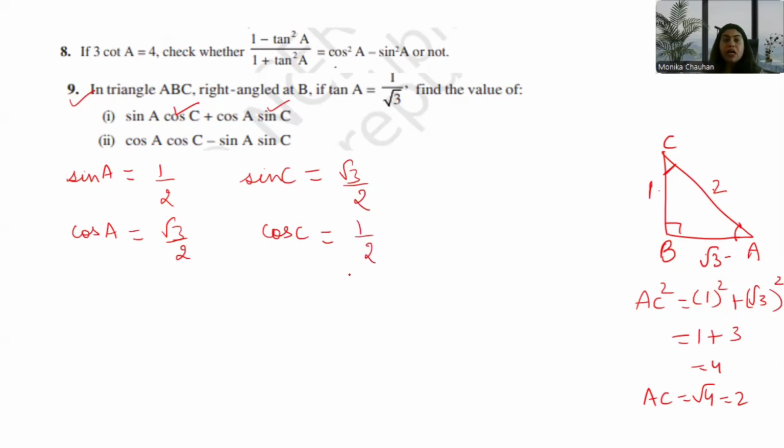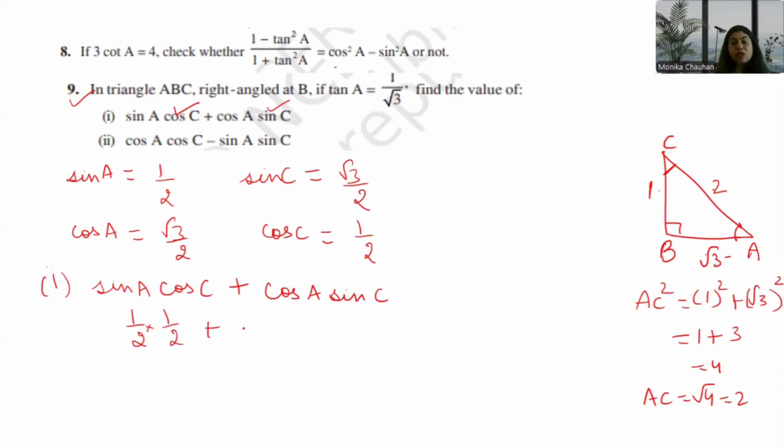Once you know the values, now start putting them in the expression, which is given as sine A cos C plus cos A sine C. Now sine A is 1 by 2 and cos C is 1 by 2, plus cos A is root 3 by 2 and sine C is root 3 by 2.